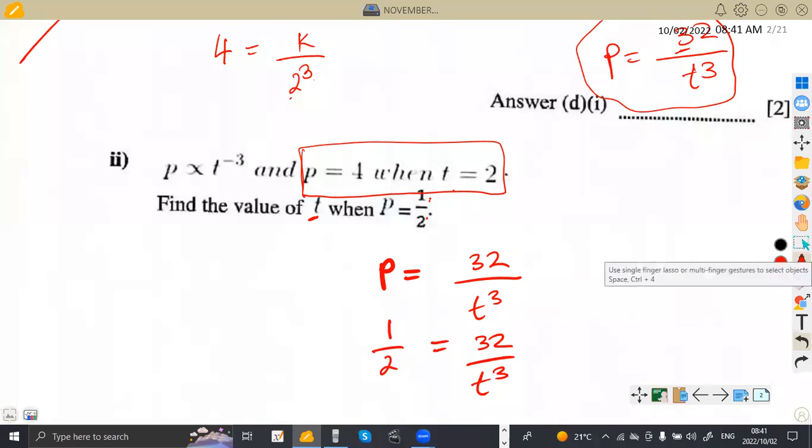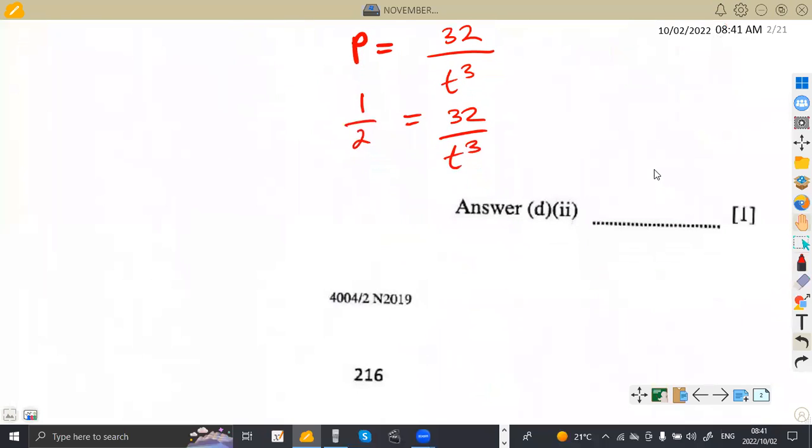So how can we find t, guys? Let us cross multiply to remove the fraction. That's 1 times t cubed, which is t cubed is equal to 2 times 32, which is 64. So how do you remove the cube? Here we are given the cube. We remove that by introducing the cube root both sides.